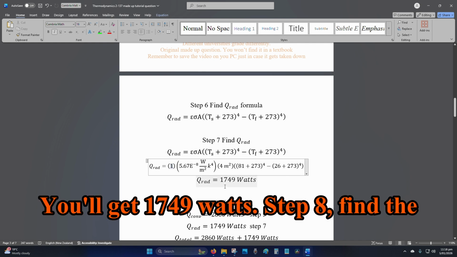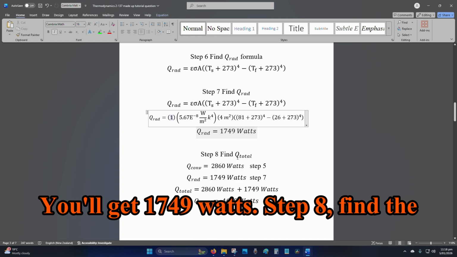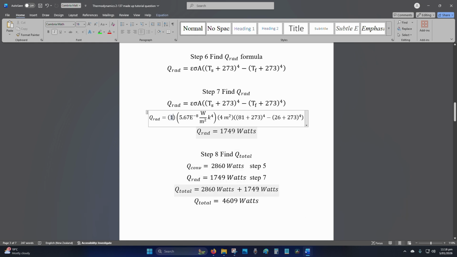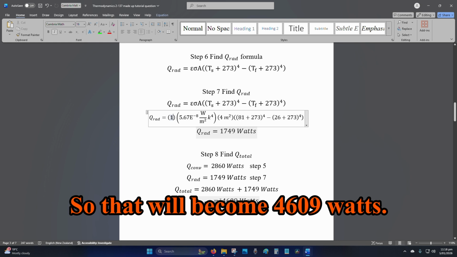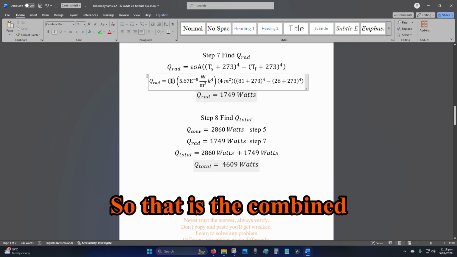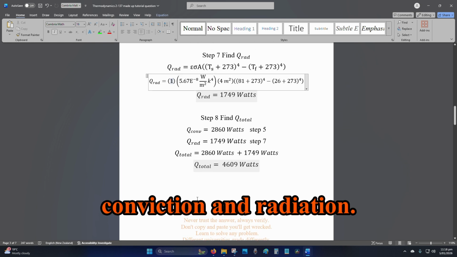You'll get 1,749 watts. Step 8. Find the total heat transfer, or total heat. So that will become 4,609 watts. So that is the combined convection and radiation.